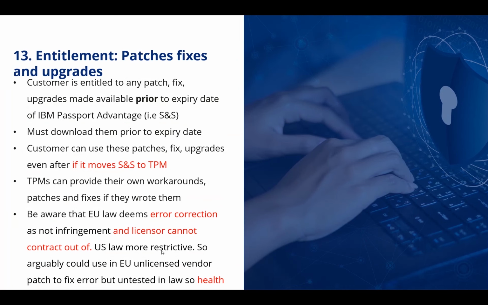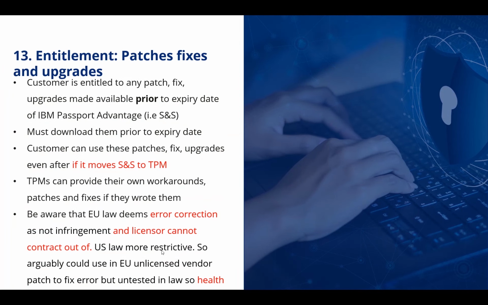You've got to download them prior to the expiry date, but once you've done that, you can use those patches, fixes, and upgrades after you've moved to TPM. What you can't do, of course, is download patches, fixes, upgrades made available after the expiry of the S&S agreement, the Passport Advantage agreement. That's something you're not allowed to do. But importantly, third-party maintainers can indeed provide their own workarounds to software, provided they write that software themselves.